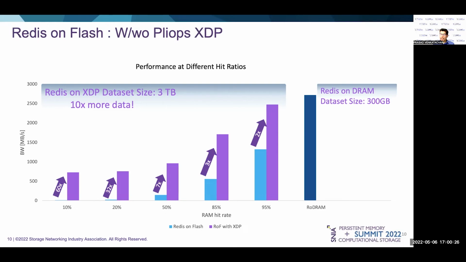And the same thing if we increase this up to the far right at 95%, where only 5% of the data is coming from the flash of the 3 terabyte data set.